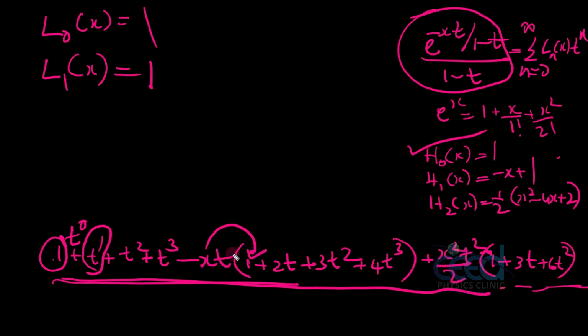So I can write the coefficient of t as L1 of x, which is equal to minus x plus 1. So this verifies h1 of x. There is no other term which has only t.